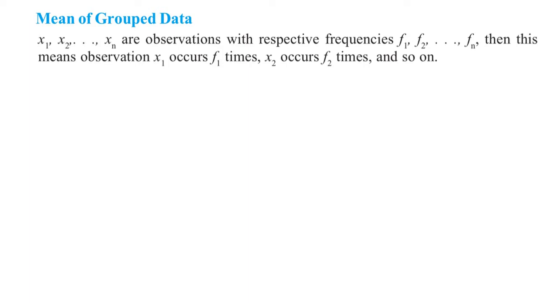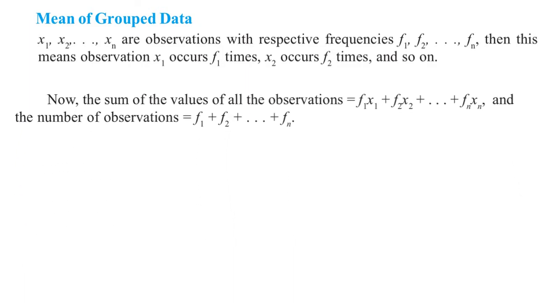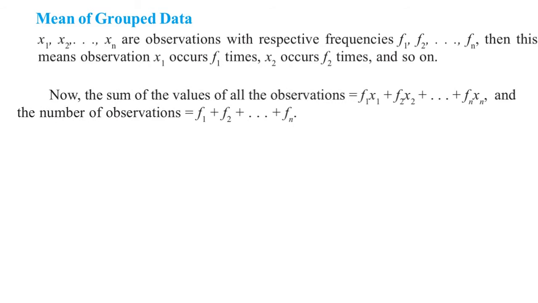Now, the sum of the values of all the observations will be equal to what? The sum of all the observations will be equal to f1 times x1 plus f2 times x2 and so on till fn times xn. This will be the sum of all the observations. And the number of observations will be f1 plus f2 plus so on till fn.